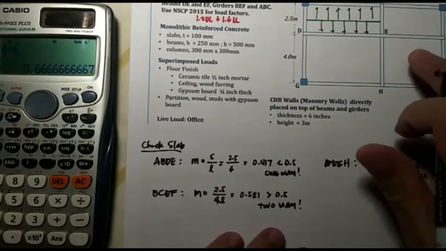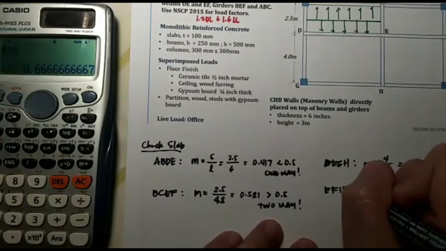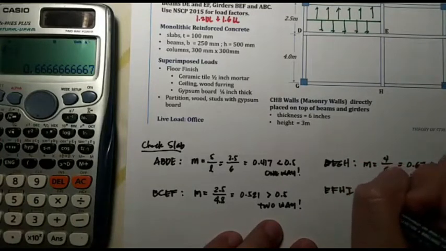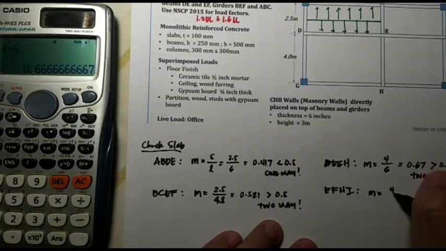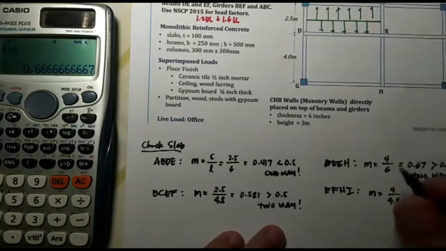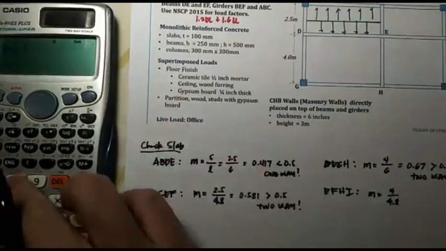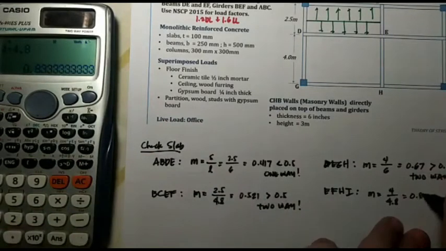Then lastly, for this slab, EFHI. Okay, so that's m is 4 over 4.8. So the ratio is 0.83. Again, that's greater than 0.5. That means it's a two-way slab.